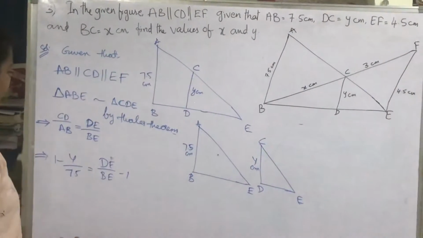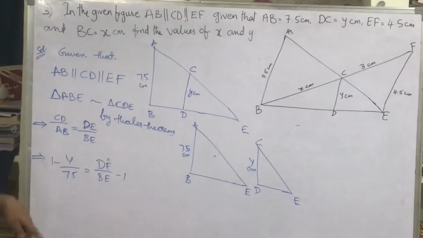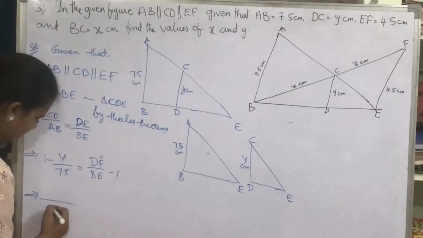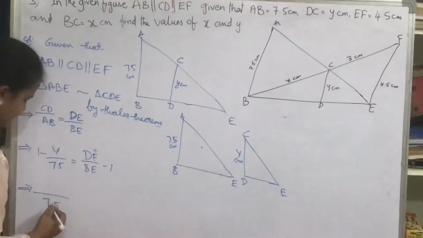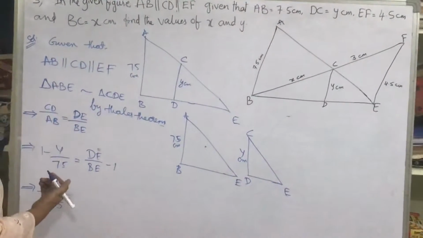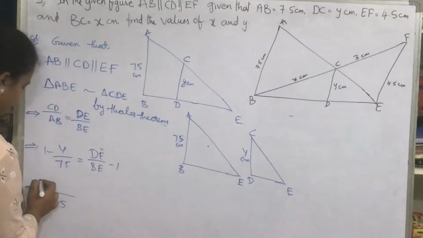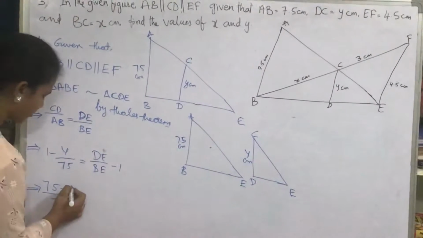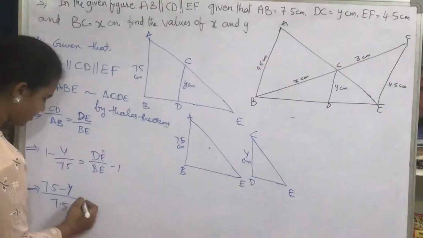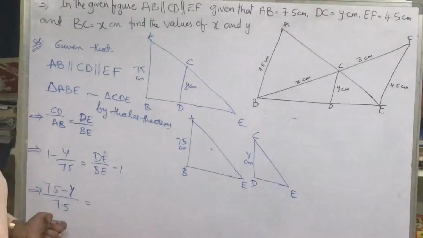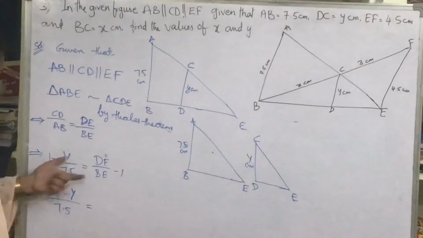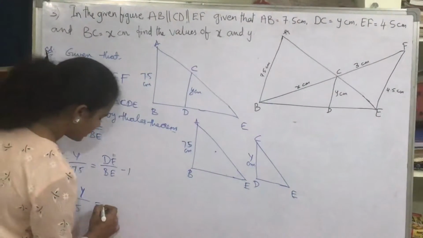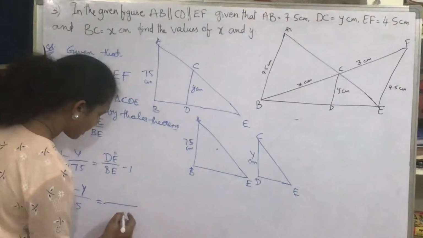So now by adding -1, as we take LCM to the given quotients, I can say that 7.5 into 1 gives 7.5, minus 7.5 into y gives 7.5, equals, okay, 7.5 into 1 and 1 into y gives y. So if I take it like this, this becomes BE.